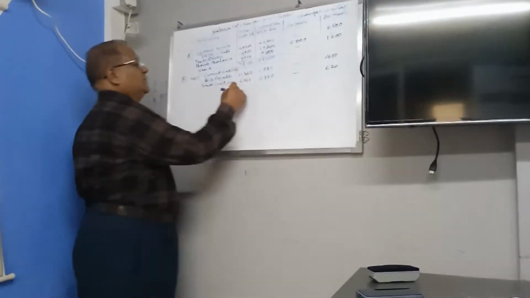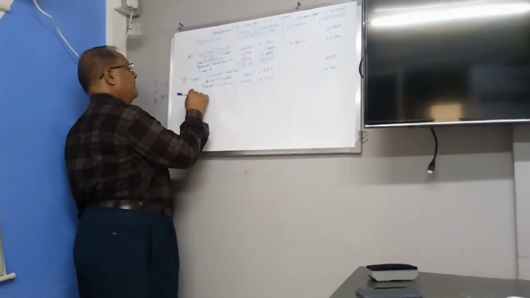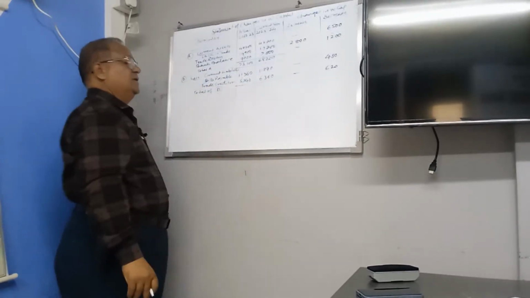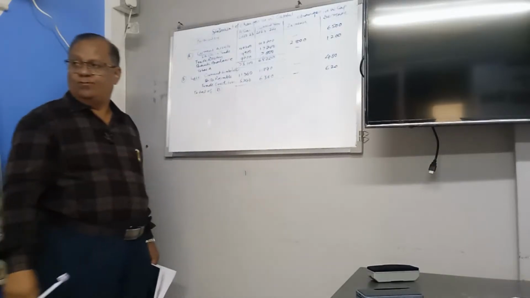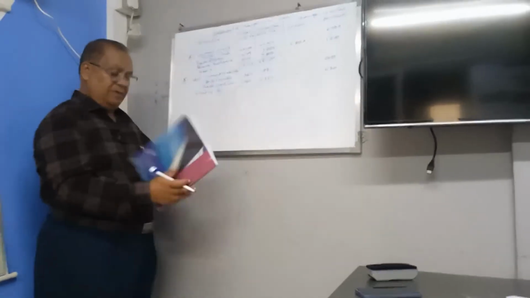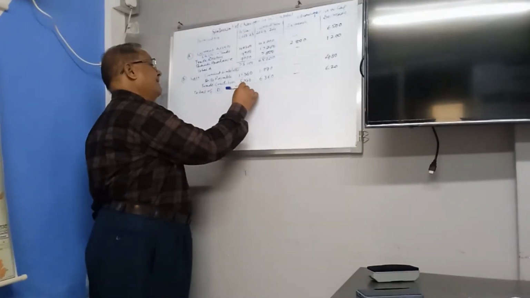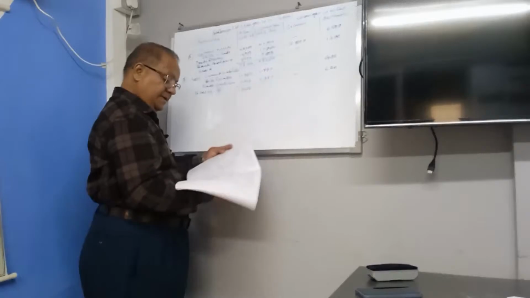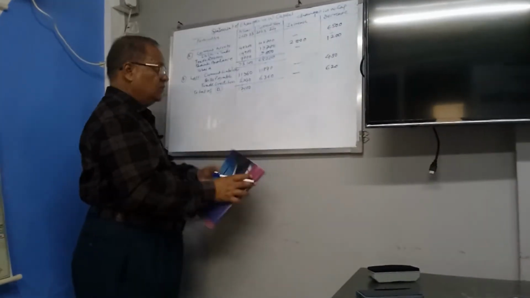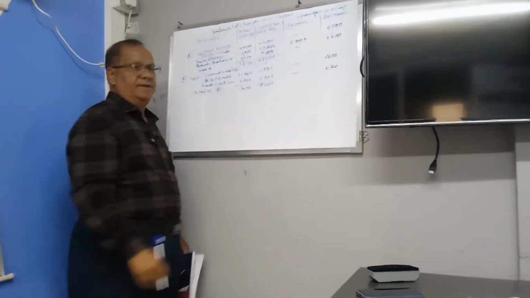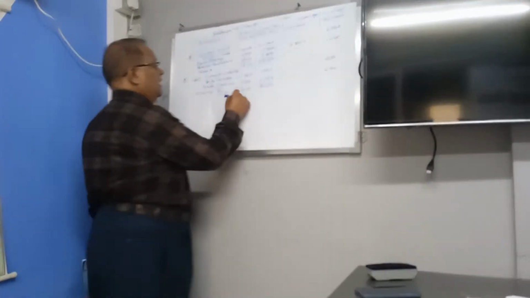So now we'll take the total of B. This total of B will be 1,700, and another will be 18,200. Now we'll take this total.